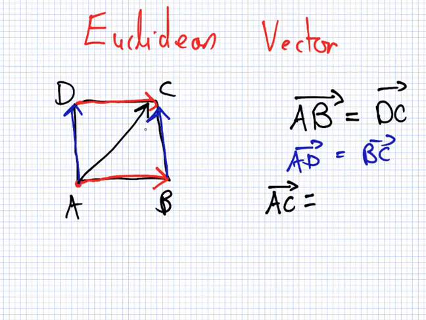Listen, think about it. AC is the same as AB plus BC.